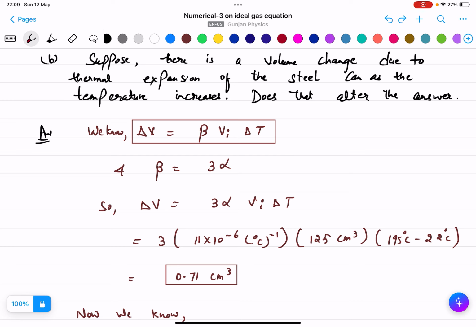This will be given in a table in the exam, so you need to pick the values. Vi is the initial volume, which is 125 from the first part. And delta T is Tf minus Ti, which is 195 degrees Celsius minus 22 degrees Celsius. When we calculate everything, it will be 0.71 centimeter cube.